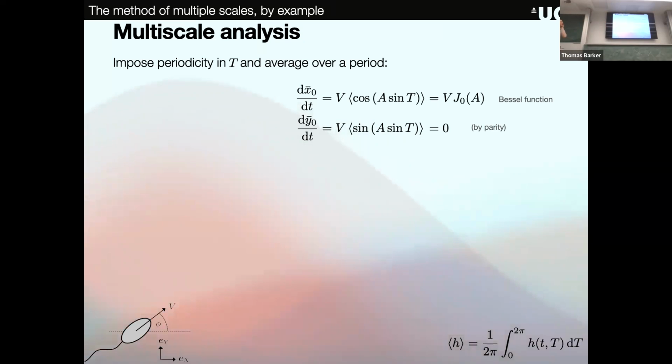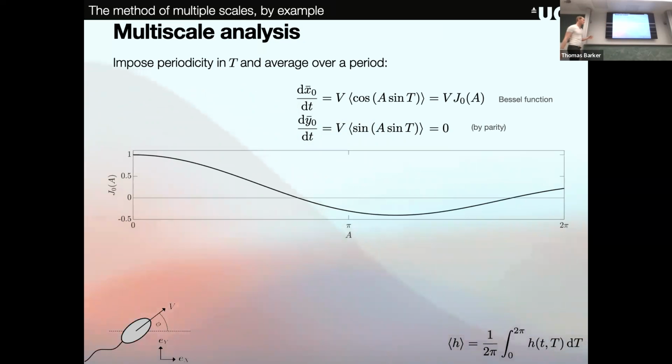So what does this mean? This says that our leading order dynamics, there's nothing in the y direction, which fits with our figure. We didn't have anything going upwards. And in the horizontal direction, we've still got the speed v, but it's being modulated by this Bessel function evaluated at the amplitude. And if you're not acutely familiar with these Bessel functions, this particular one is always of size less than or equal to 1, and it kind of oscillates and gets smaller and smaller in magnitude, and it swaps sign.